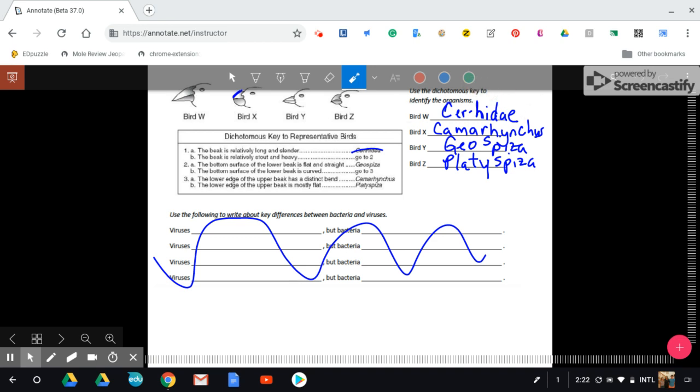Now let's go to bird X. Is it a short beak? Yes, and heavy. So we're going to go to 2. Is the bottom surface flat and straight, or is it curved? It's curved, so we go to 3. Does the lower edge of the upper beak have a distinct bend in it? No, so that's going to make it this word right there. I'm not going to try to pronounce it. That's how you do a dichotomous key. You start with the first one. If it applies, you go to where it tells you to go until you've keyed it all out.